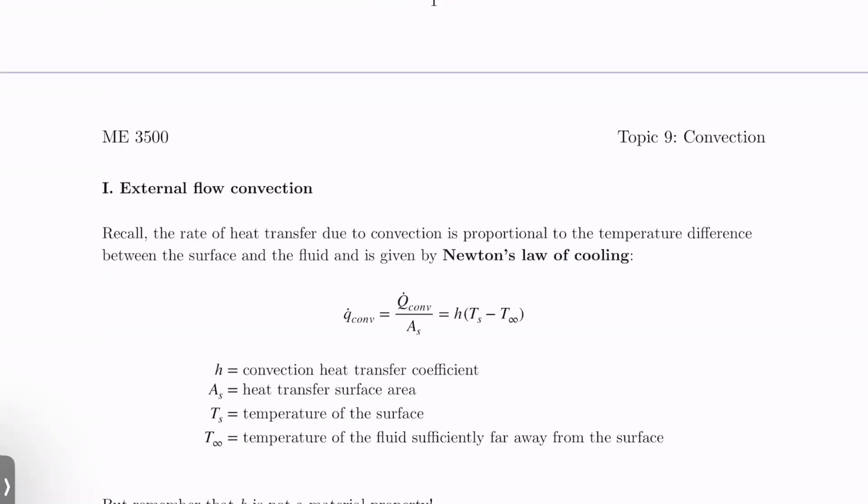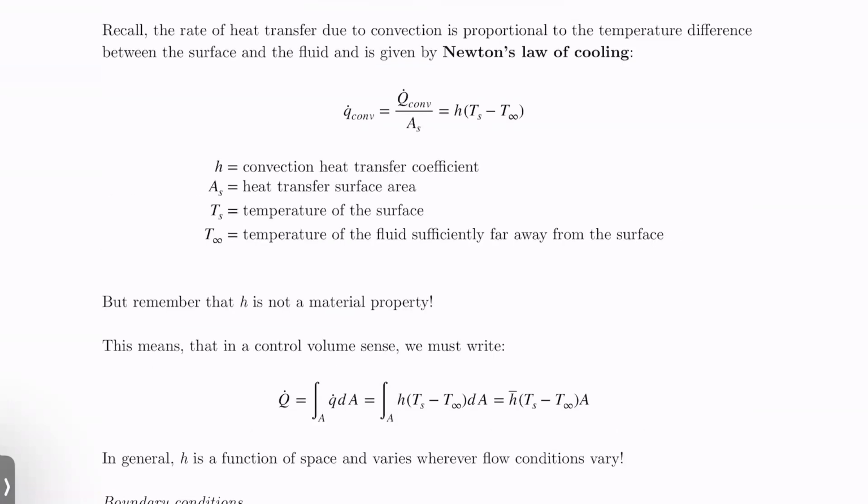We're going to start with the basics that we went over in the heat transfer unit a while ago. When we were reviewing what you learned in a previous class, we know that the rate of heat transfer due to convection is proportional to the difference between the surface and fluid temperatures, and they are related to each other by Newton's law of cooling. All right, so we have Q dot convection, the rate of heat transfer due to convection.